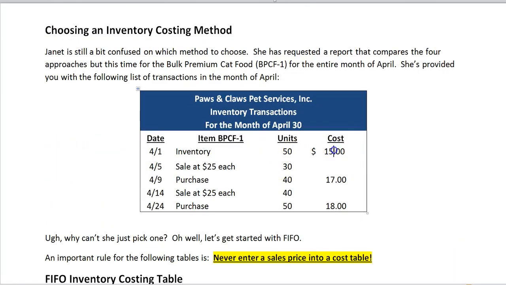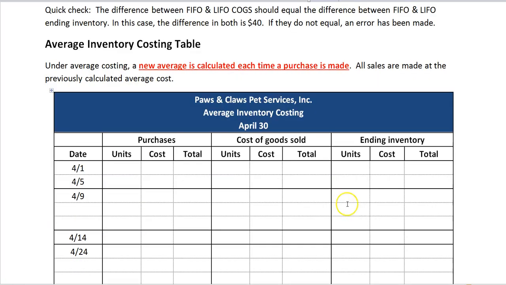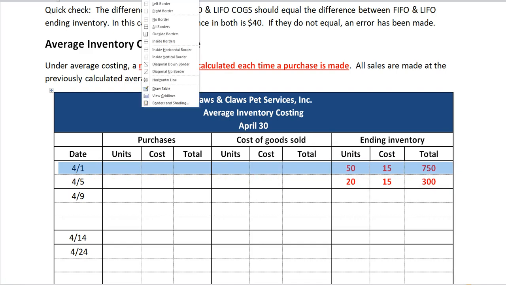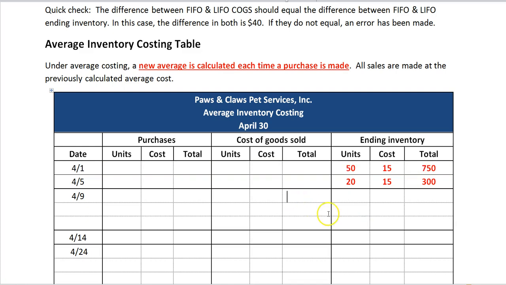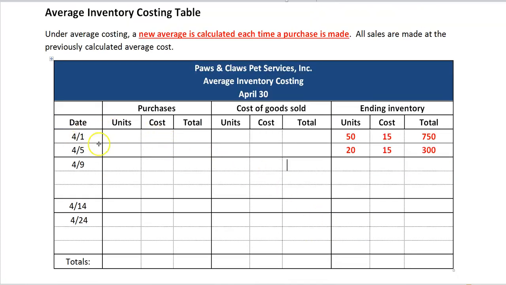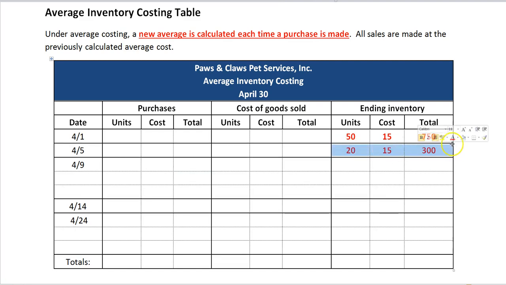Alright, we start off with 50 at 15. Okay, the border's fixed. This one isn't part of the first one.